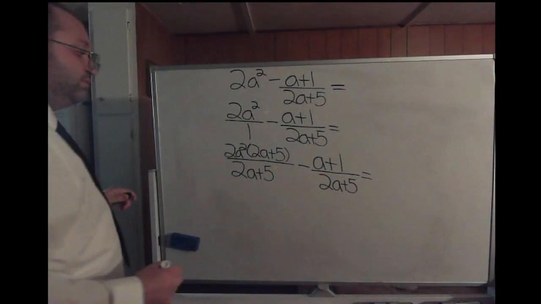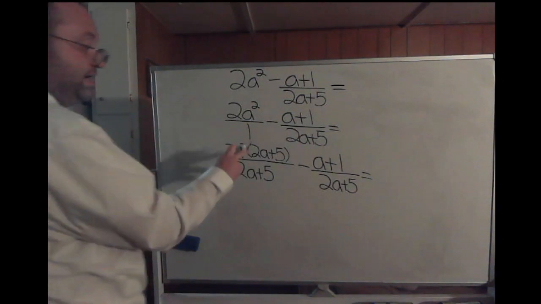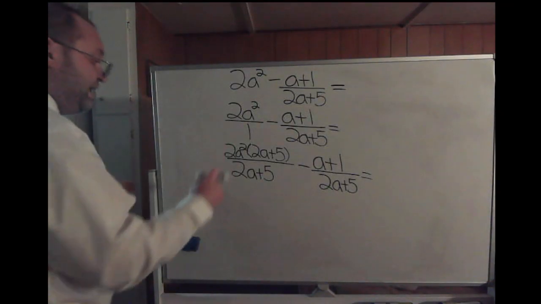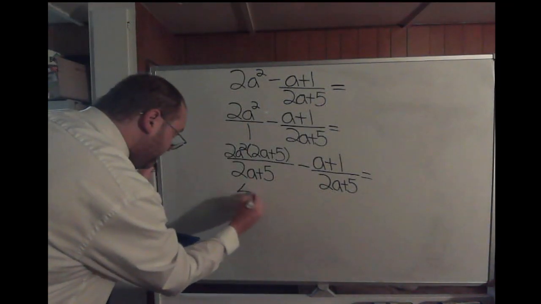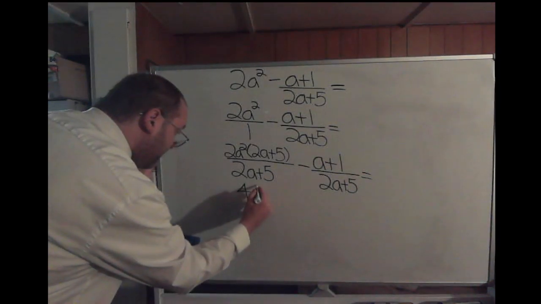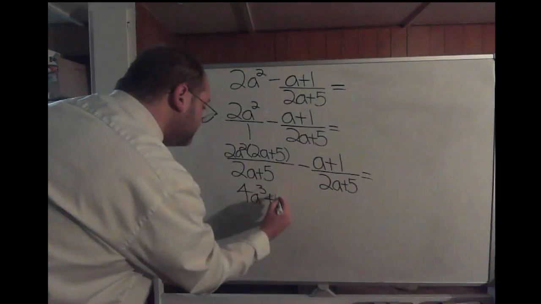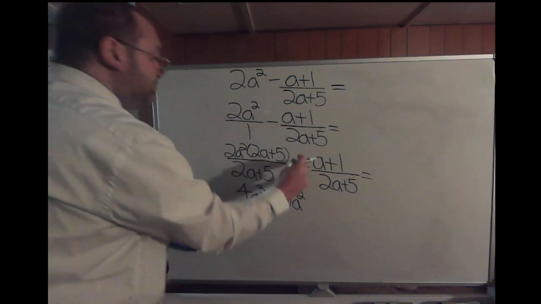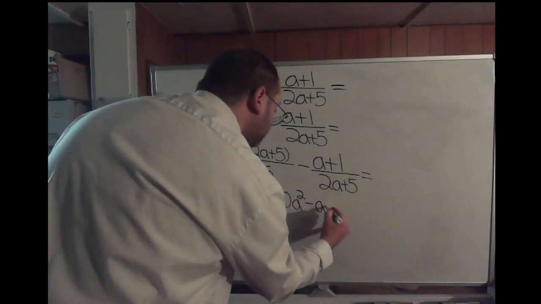Alright, before we go any further, let's do the distributive property on the 2a to the second times 2a plus 5. If we do that, 2a to the second times 2a would be 4a to the third. Then 2a to the second times 5 would be plus 10a to the second, minus a, minus plus 1, that's minus 1.